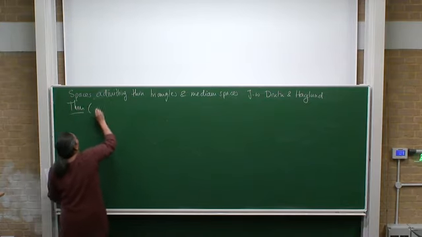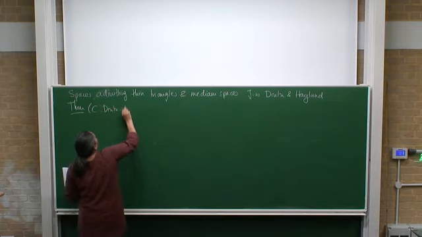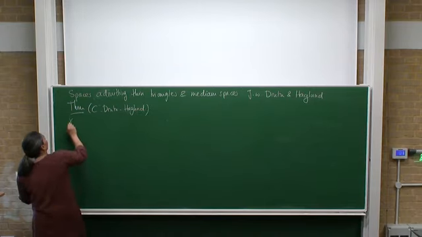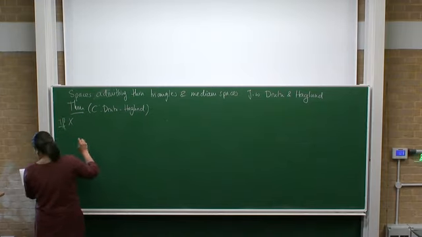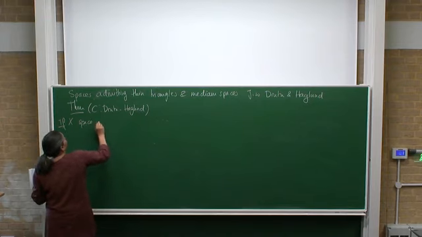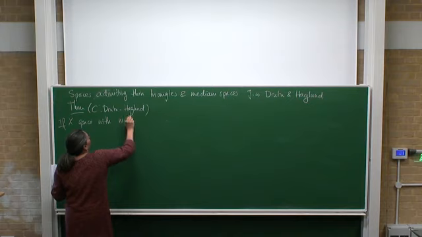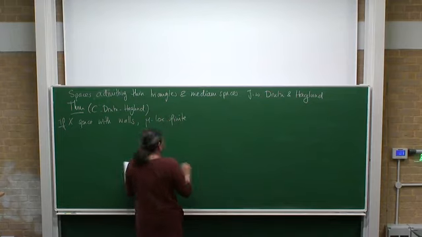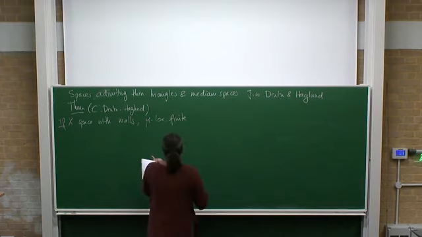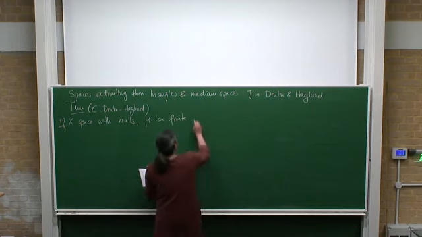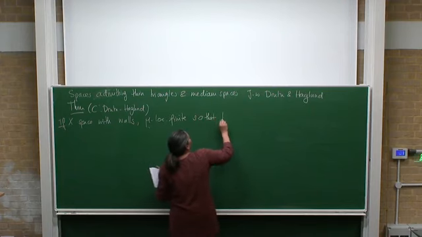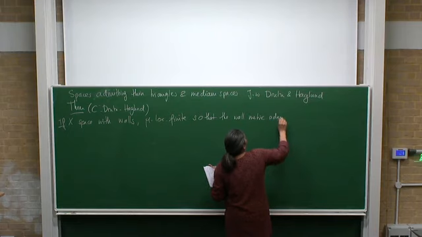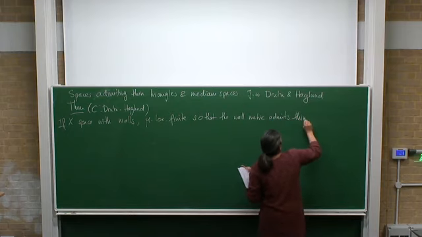Here is the theorem I'm going to talk about. It's the following. If X is a space with walls, locally finite, and don't get nervous, I'm going to explain all the terms in a minute, so that the wall metric admits thin triangles.